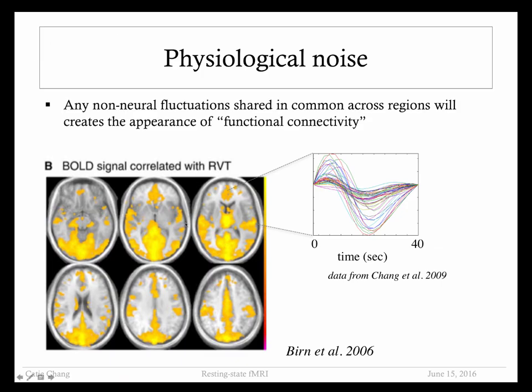What's shown here are areas of the brain found to be most strongly influenced by natural changes in the depth and rate of someone's breathing across the scan.